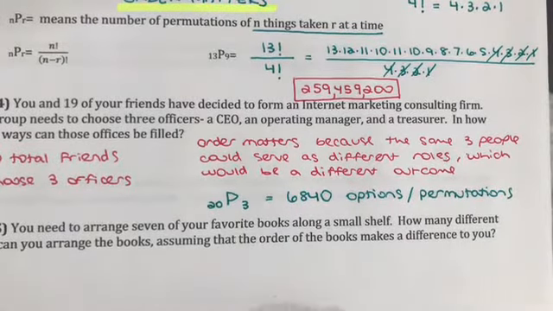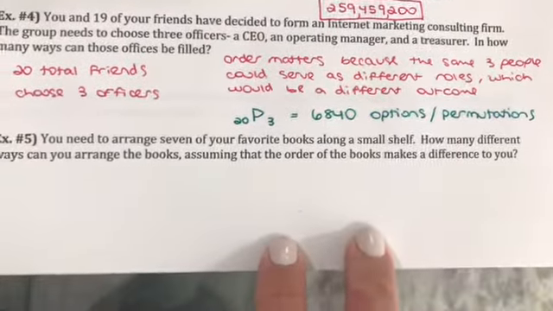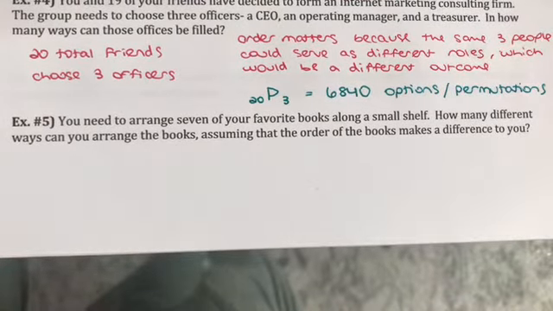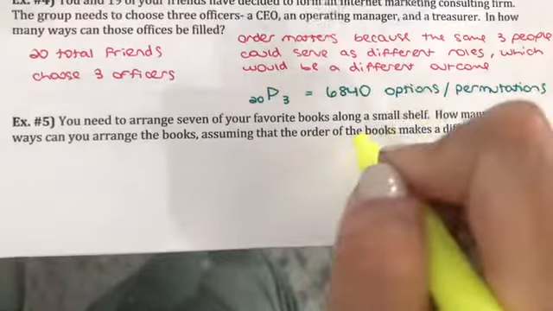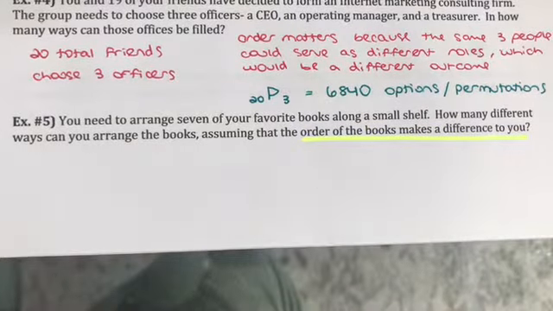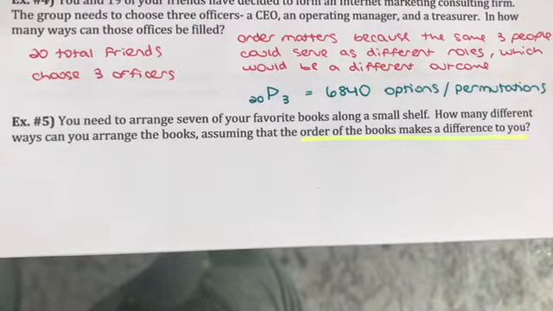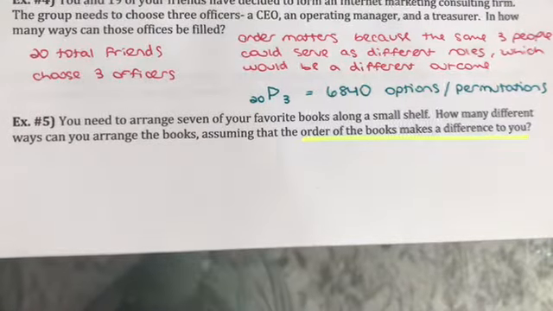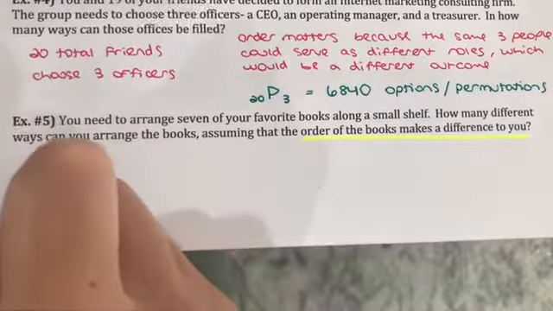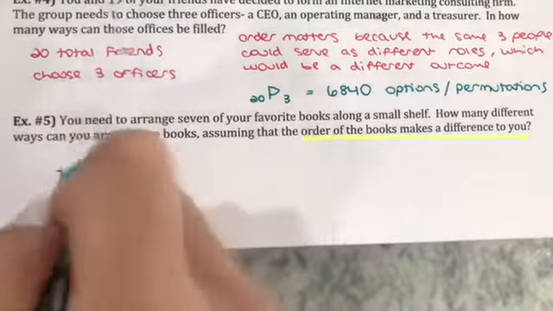All right, so let's go ahead and look at the next one. You need to arrange 7 of your favorite books along a small shelf. How many different ways can you arrange the books, assuming that the order of the books makes a difference? That's the important part: the order of the books matters. Go ahead and take a minute and plug this into your calculator. In this situation, we have 7 books that we're choosing from.